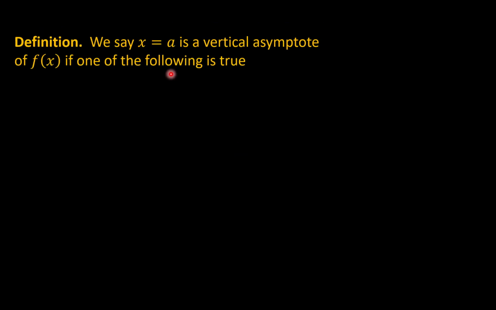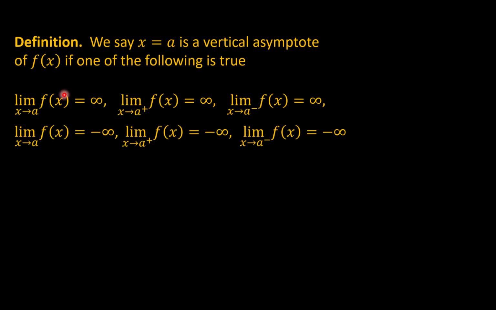We say that x equals a is a vertical asymptote of a function f(x) if one of the following is true. Either the limit from both sides is equal to infinity, or from the right is equal to infinity, or from the left is equal to infinity. Or the limit of the function from both sides, or from the right or left, is equal to minus infinity.